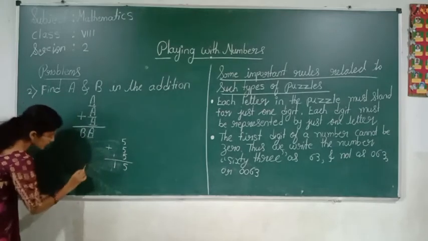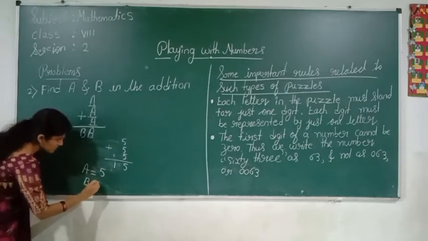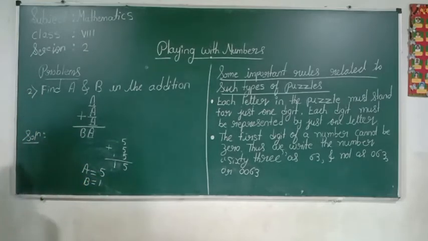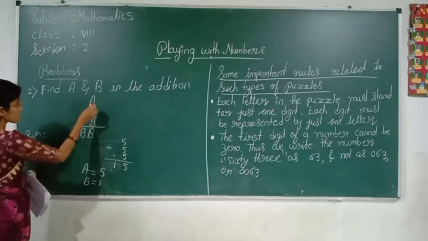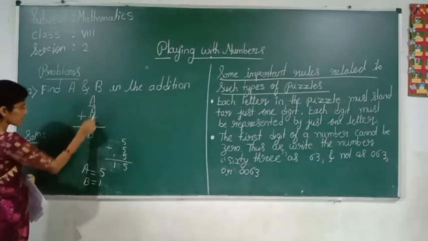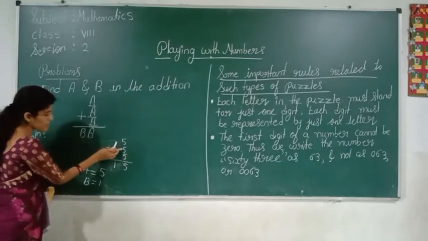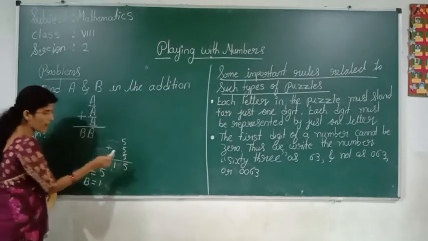Now tell me, here the A value is 5, the B value is 1. Whatever rules they give to solve the puzzle, we have to follow that. The rule in this puzzle is that A should be the same. When we substitute, 5 plus 5 is 10, 10 plus 5 is 15. In the units place, we are getting 5 only.